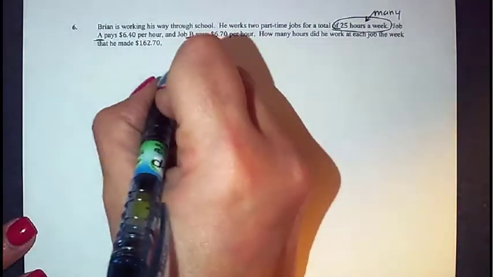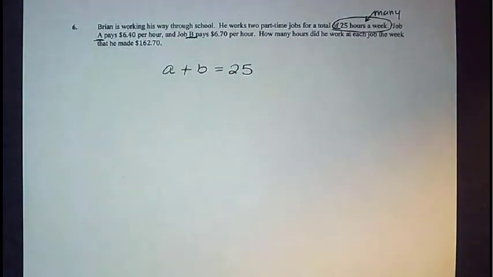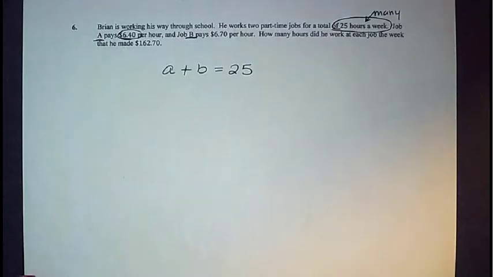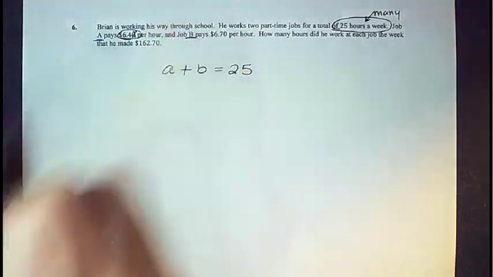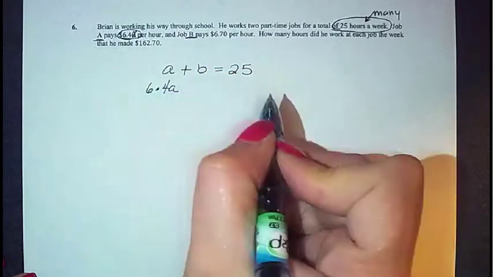So I'm going to say A plus B equals 25. So there's my how many question. How many hours at Job A, how many hours at Job B equals the 25 hours he worked that week. Now we got to talk about how much money he's making. So at Job A, it says it pays him $6.40. And you can drop that last zero on this, just do 6.4A.